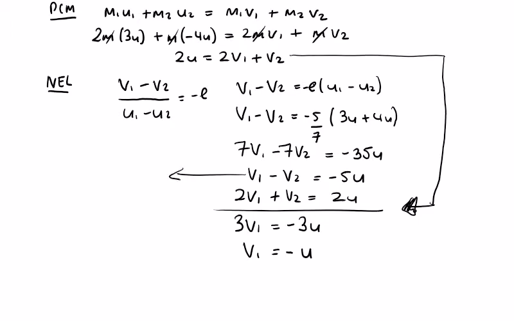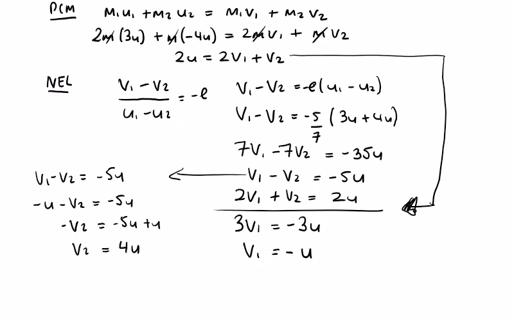Take this one. v1 minus v2 is equal to minus 5u. So we have minus u minus v2 is equal to minus 5u. So minus v2 is minus 4u, v2 is 4u. So that's v1 and v2 in terms of u.